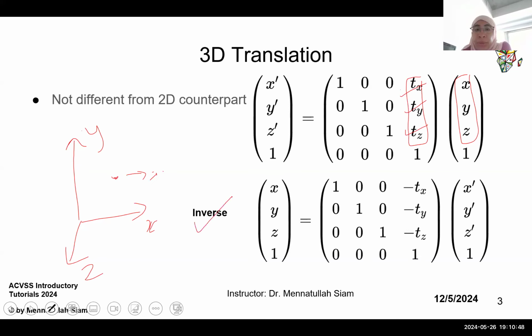The inverse of the translation is as simple as the negative of that, so I translate with negative tx, negative ty, and negative tz. Again, it's very similar to the 2D.